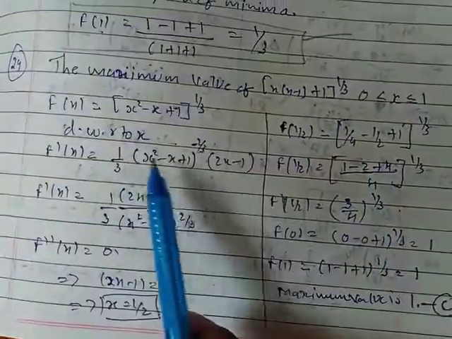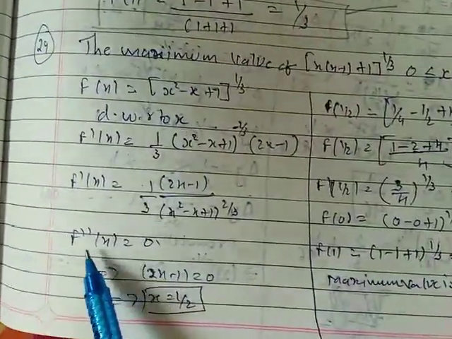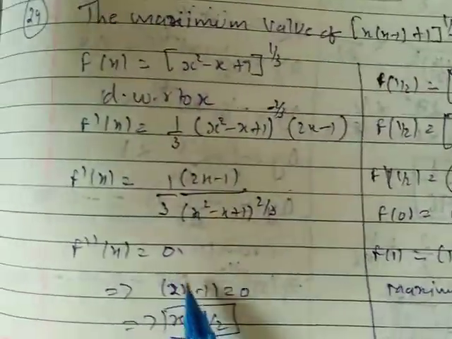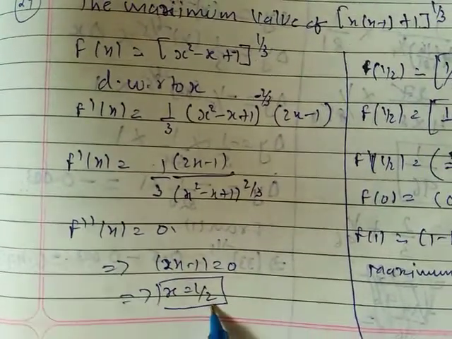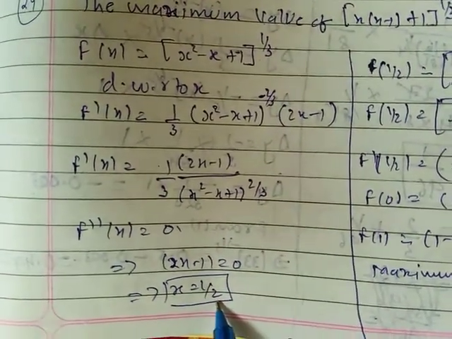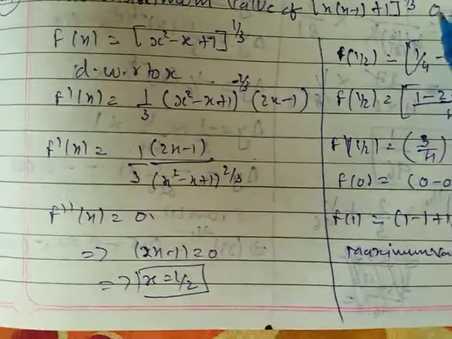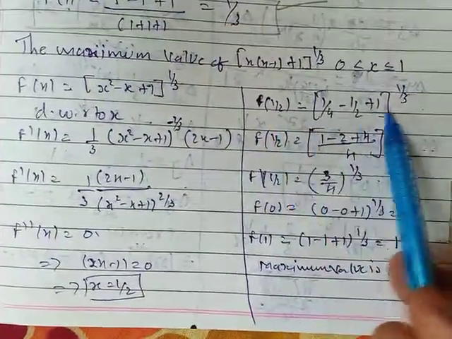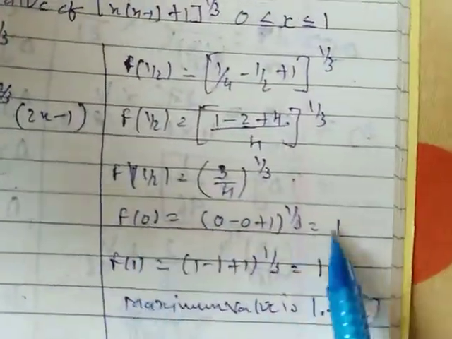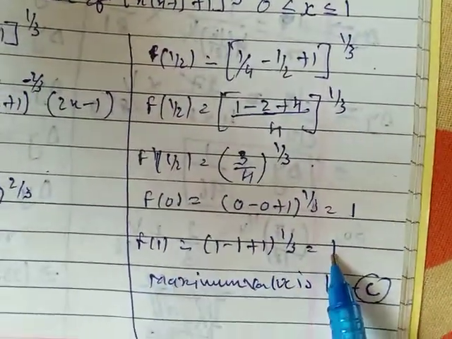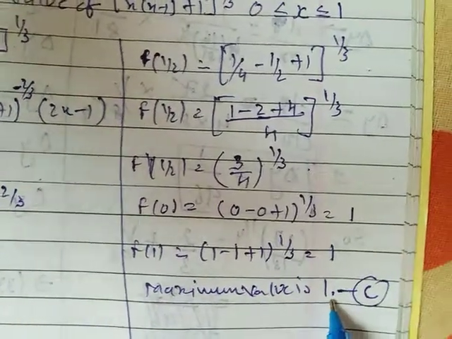If you take the derivative, f dash will be equal to 0, so x is equal to 1 by 2. For finding the maximum value we have to check at three points, half, 0 and 1. At half, if you substitute, you get 3 by 4. At 0 and 1, you also got 1. So the maximum value is 1, which is option C.